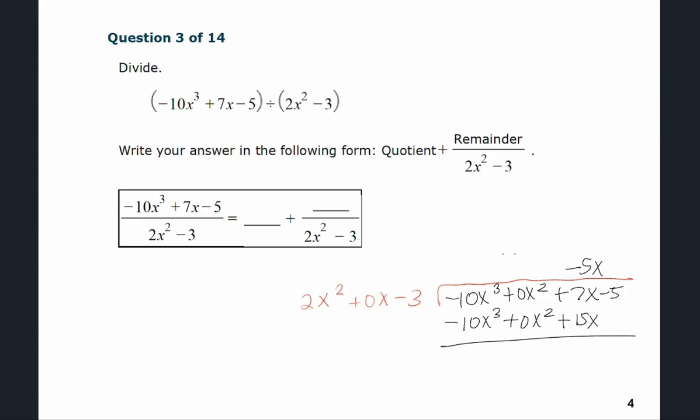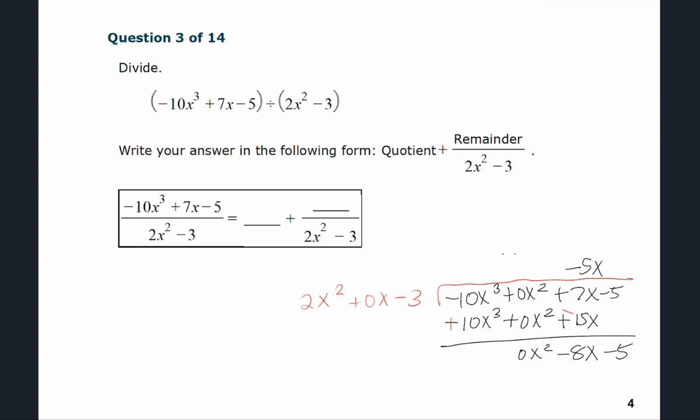And here's an example where they switch signs and one becomes a positive and one becomes a negative. So our 10x cubes go away. We have 0x squareds. We have negative 8x minus 5.